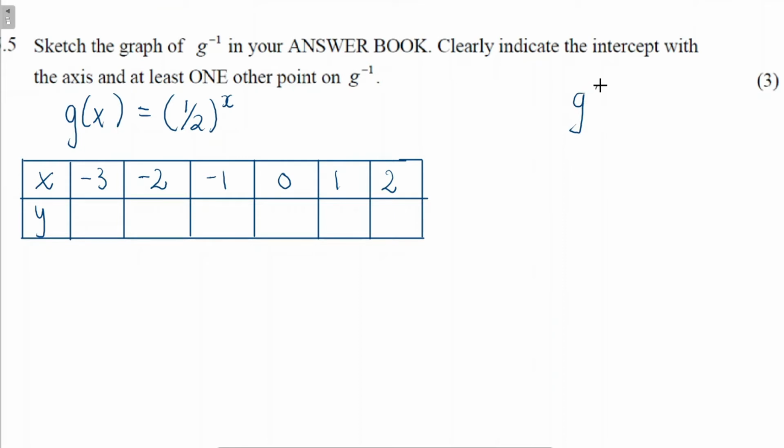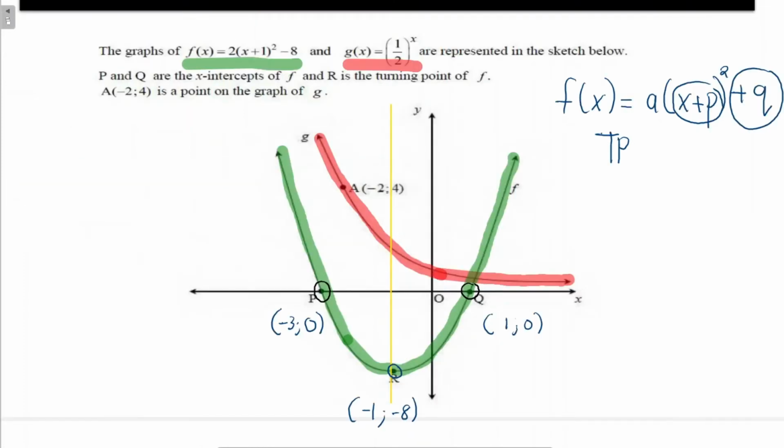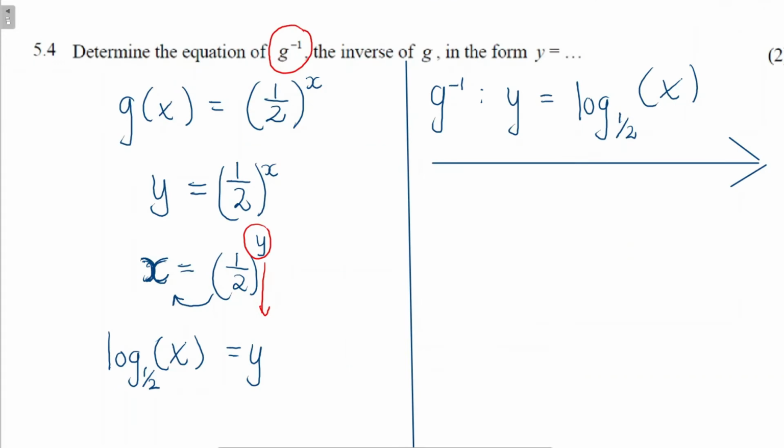We want -3, so it's going to be g of -3, which is equal to 1 over 2, all raised to the power -3. Same here to get your y coordinates, you're going to just substitute -2, but we already know that if your x is -2, your y is 4, because we were given the coordinates. So you don't have to stress about that one.